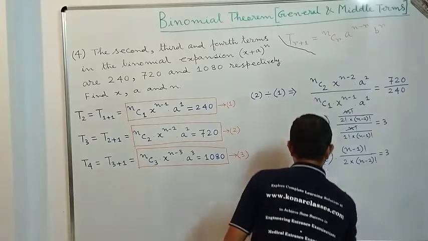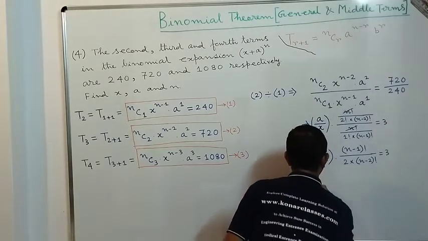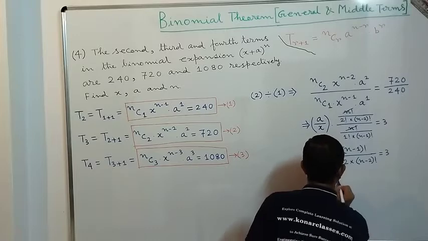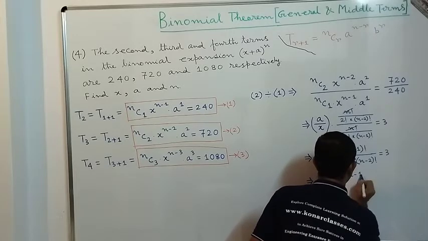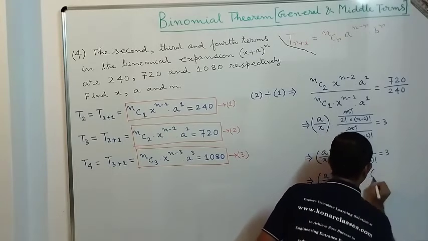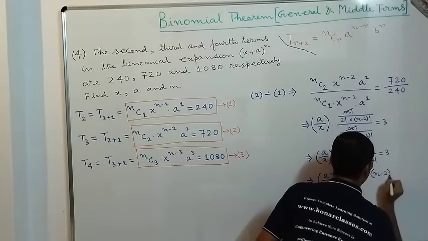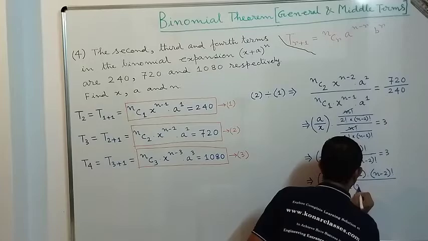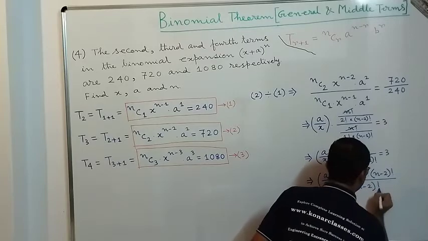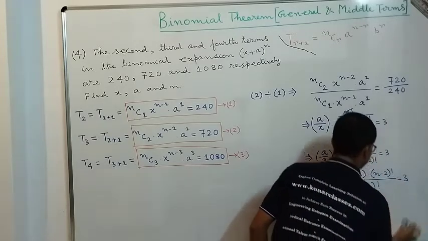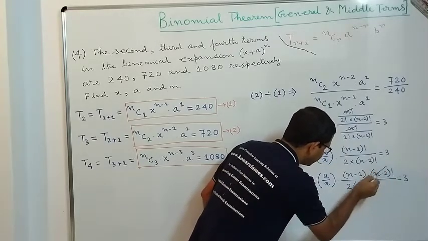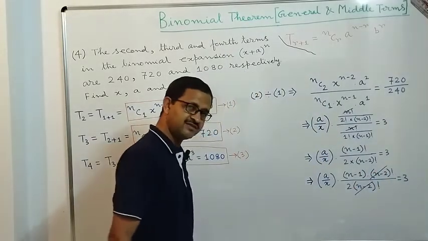Okay, so what can we write here, dear students? This implies a by x into n minus 1 into n minus 2 factorial, divided by 2 into n minus 2 factorial, that is equal to 3. Now n minus 2 factorial in the denominator and n minus 2 factorial in the numerator got cancelled.